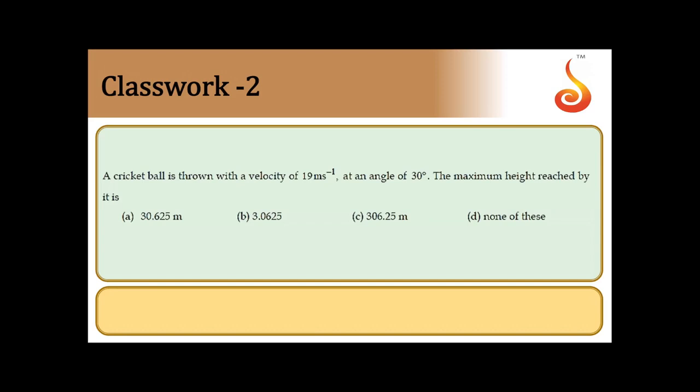A cricket ball is thrown with a velocity of 19 meter per second at an angle of 30 degree. Maximum height reached by it is. So we know that maximum height reached, h, is given by u square sin square theta divided by 2g.